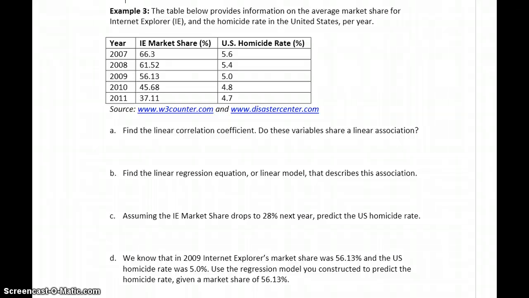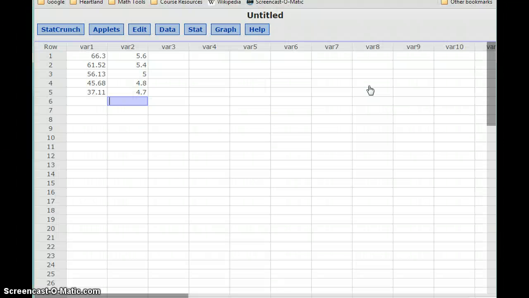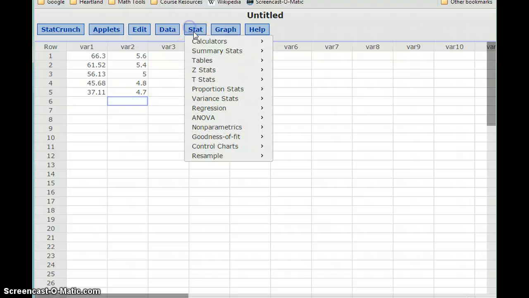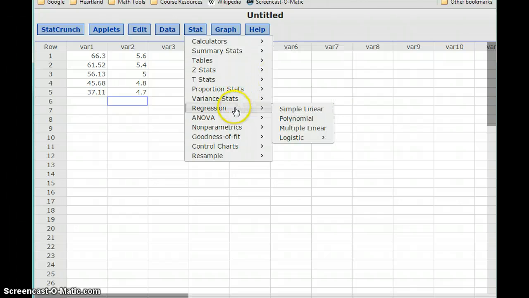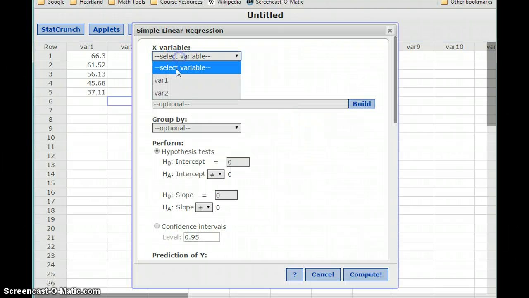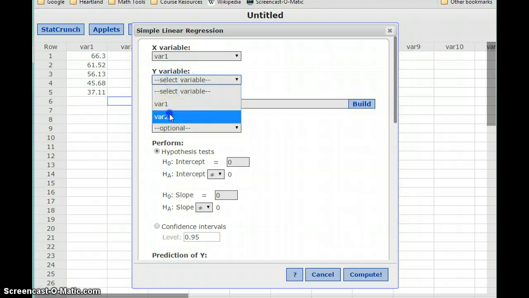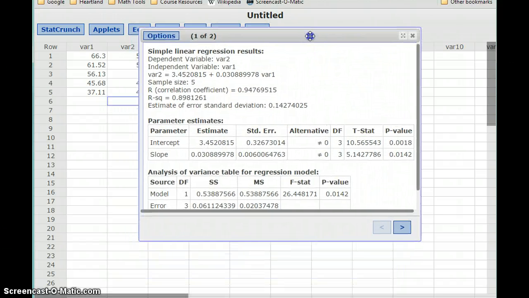The first thing we want to do is find the linear correlation coefficient and determine if these variables share a linear association. We've already done this by using Stat, Summary Stats, then Correlation. But since we're also going to construct a regression model, we can use the regression tool and select simple linear. We'll pick our two variables and click compute.